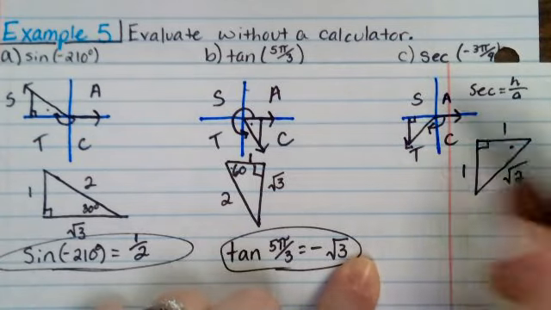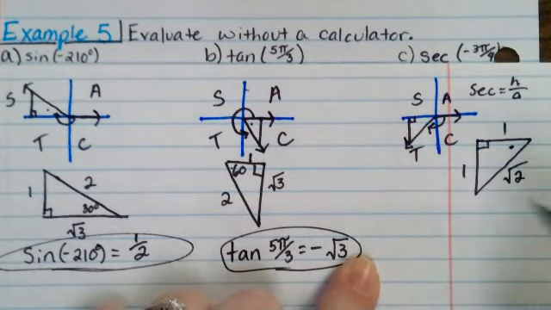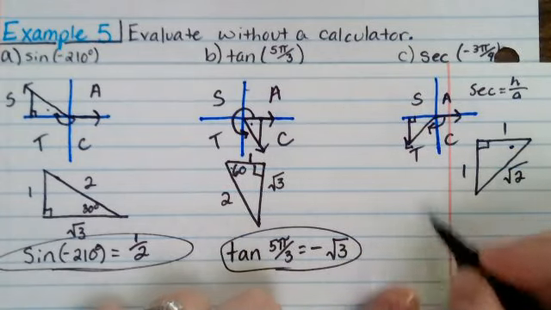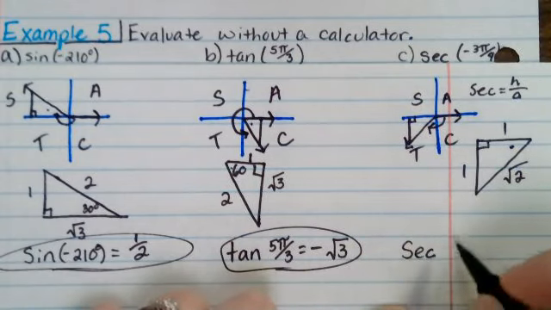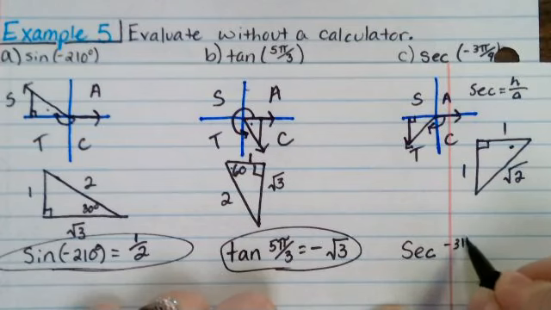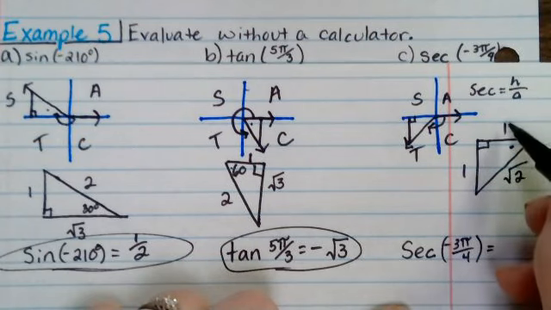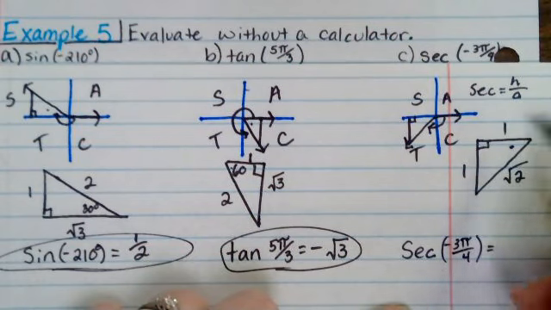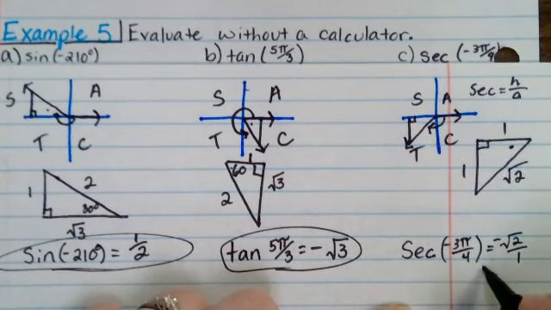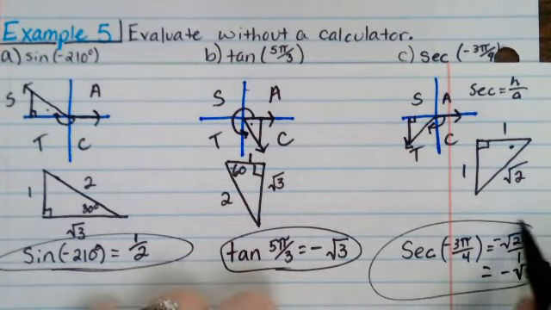In this quadrant, only tangent or cotangent would be positive. Secant is going to be negative. So we're going to say secant of negative 3 pi over 4. Remember, we want hypotenuse over adjacent, so square root of 2 over 1. And it's supposed to be negative. So that's just negative square root 2, if we simplify it as far as it goes.